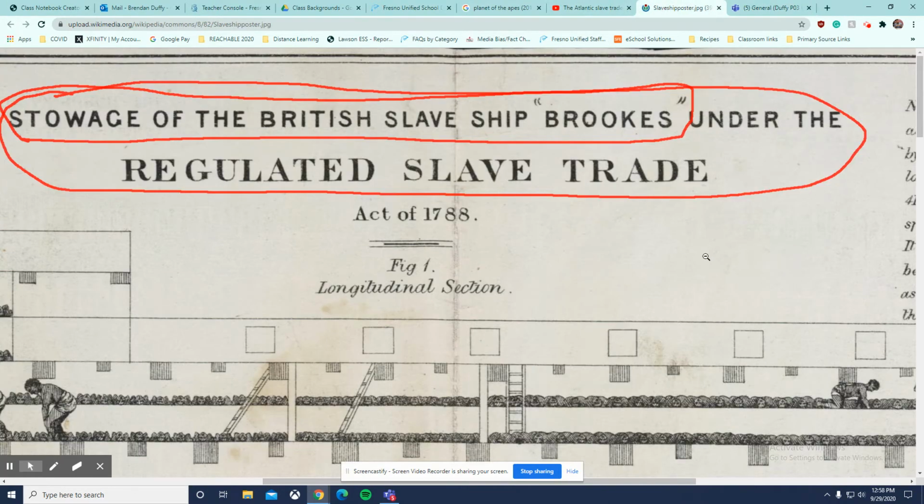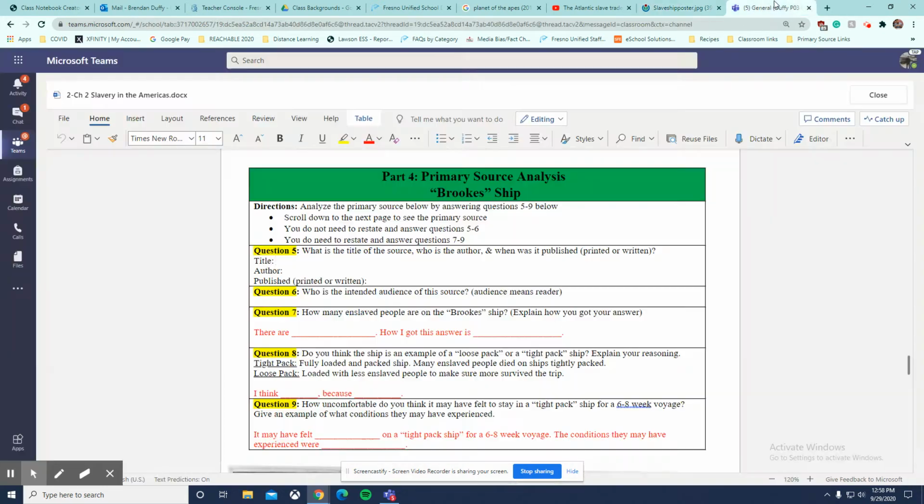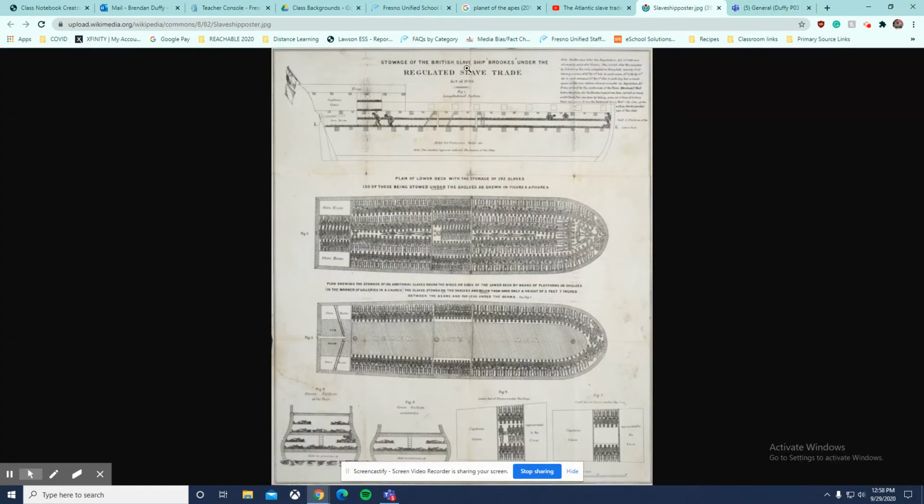Author. Now this is not the kind of document that typically has an author. This is a diagram to show the slave ship off, essentially. Not really a piece of art that somebody's going to be bragging about. So there's no author, so you can write unknown for the author. Published or written. We zoom back in.